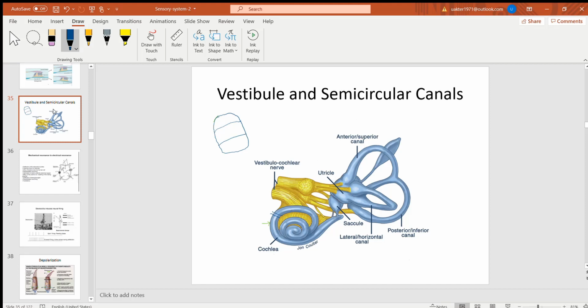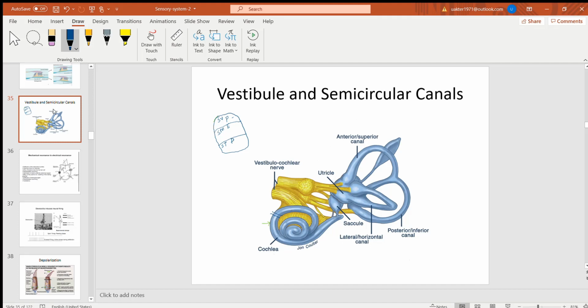Okay, and three cavities. This is the scala vestibuli, filled with perilymph. This is the scala media, filled with endolymph, which is rich in potassium, and this is the scala tympani, which is also filled with perilymph.